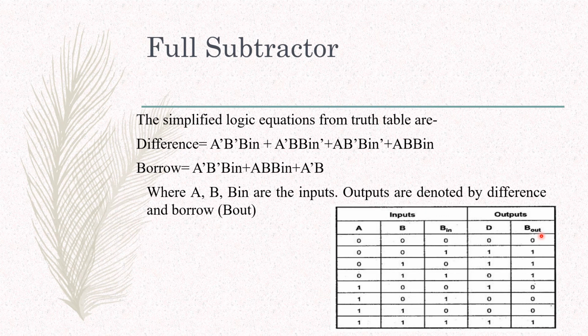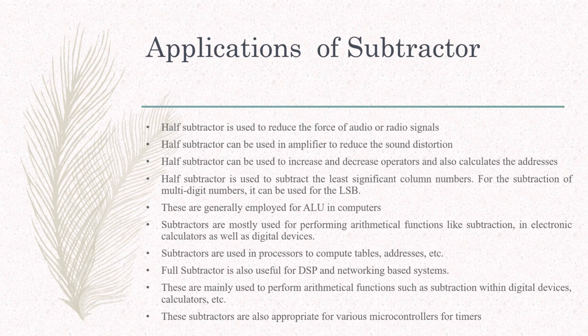With this, we'll switch to the applications of these subtractors. The half subtractor is used to reduce the force of audio or radio signals. It is used in amplifiers to reduce sound distortion.